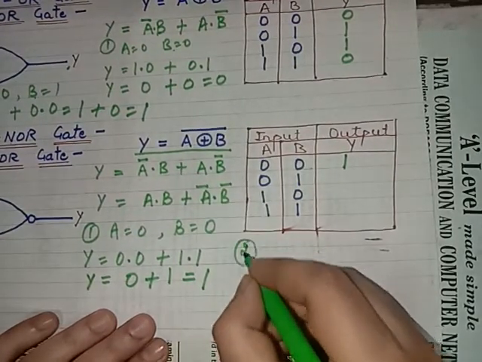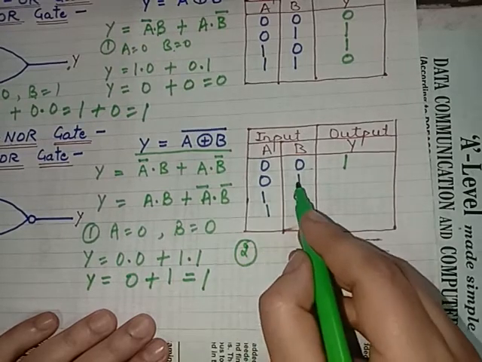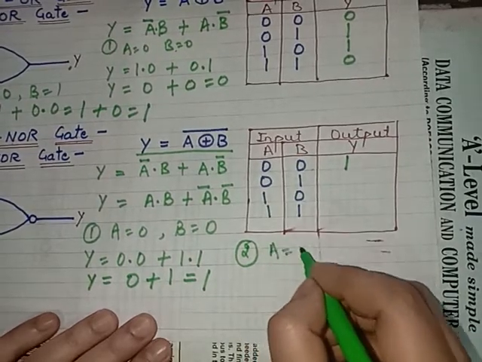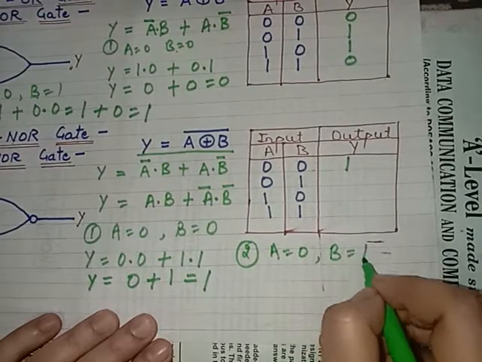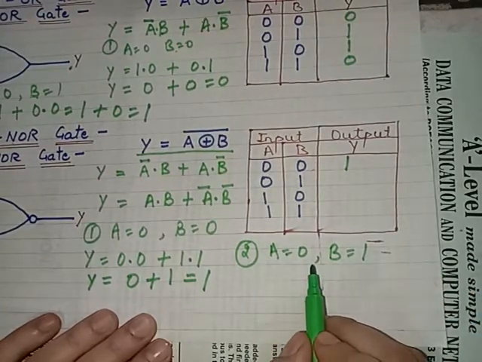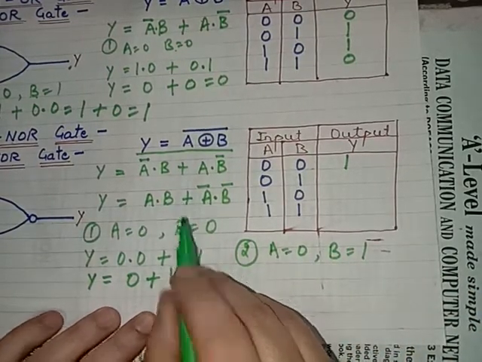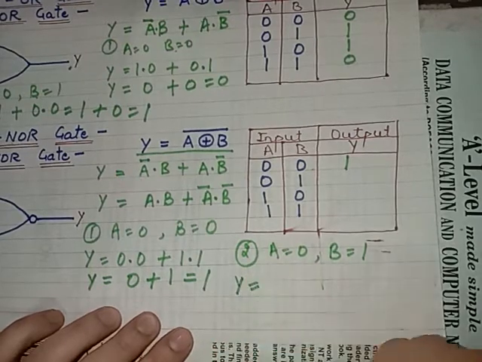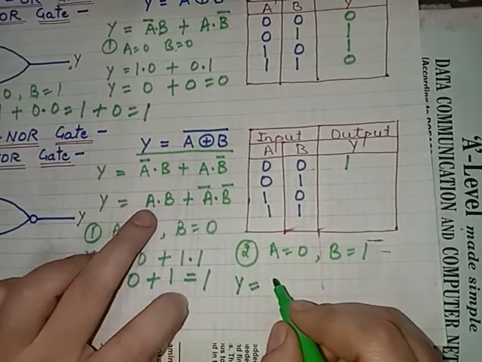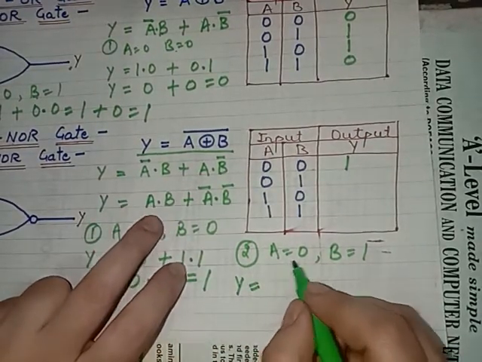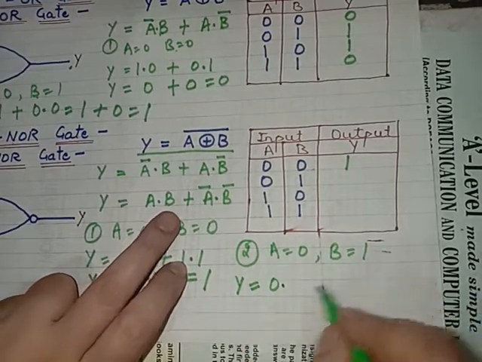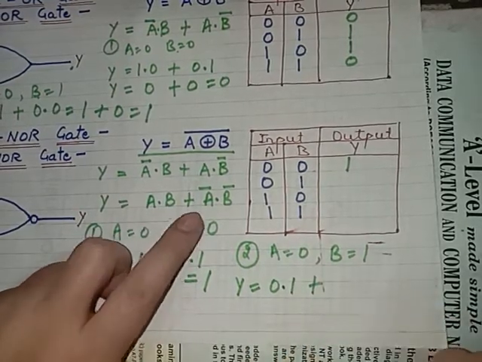Considering the second case, when A is equal to 0 and B is equal to 1. Again, I will put the values of A and B into this equation. Y will be equal to A into B, that is 0 into 1, plus A bar.